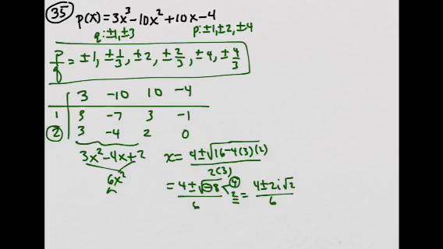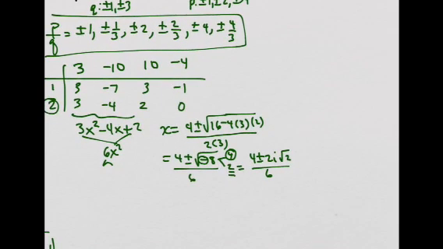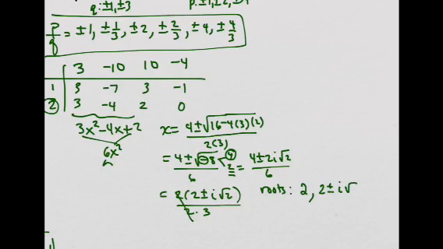I can factor the outside numbers by 2. Let me just show you that. Plus or minus i radical 2 over 2 times 3. So now I can cancel out the 2's. And so the roots are the 2 that I found through synthetic division, and then 2 plus or minus i radical 2.